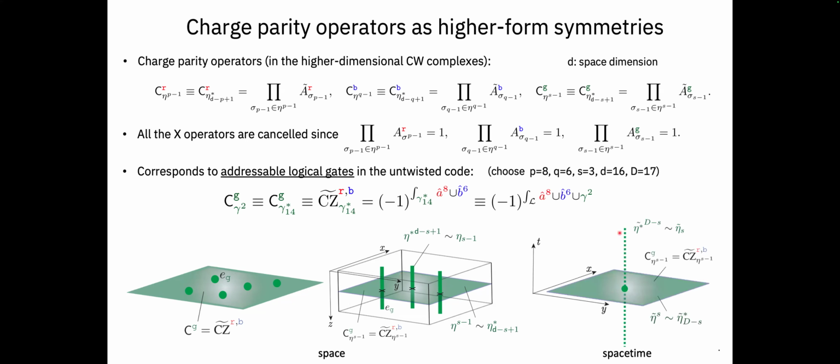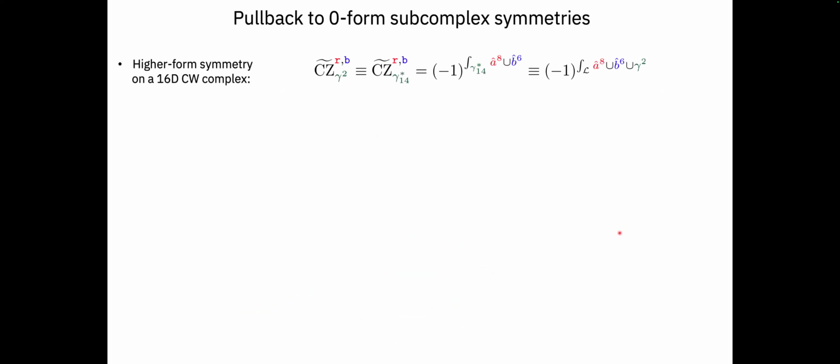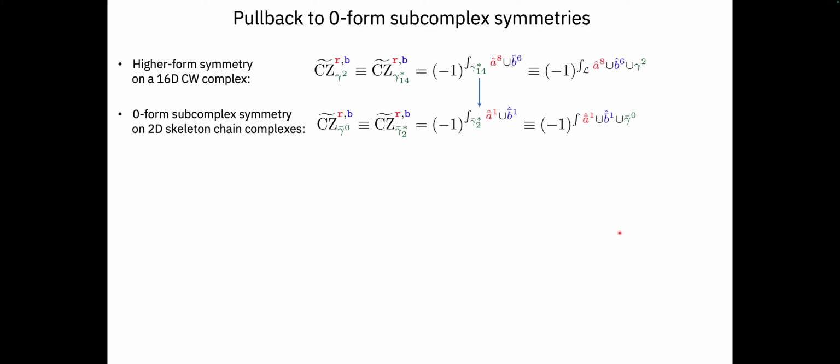Let me skip this. Then the interesting thing is that if we apply this pullback from the higher-dimensional 16-dimensional CW complex to the two-dimensional chain complex, this higher-form symmetry, in this case a two-form symmetry, becomes actually a zero-form subcomplex symmetry.